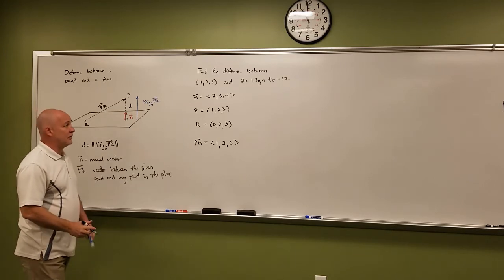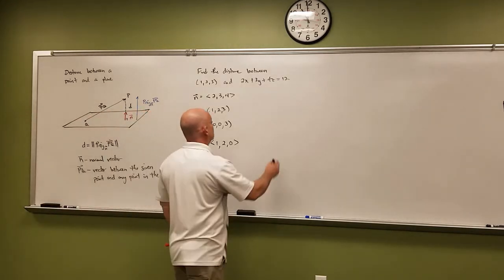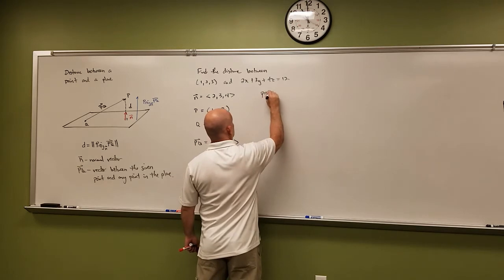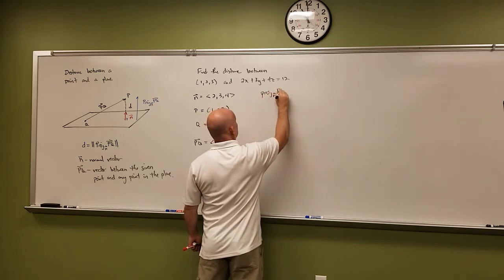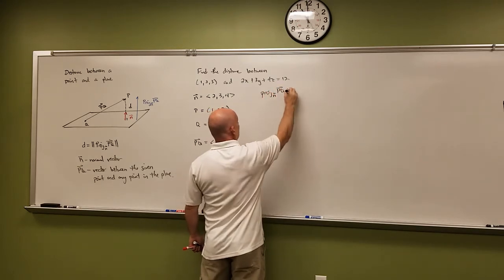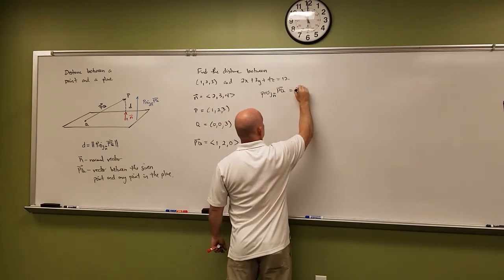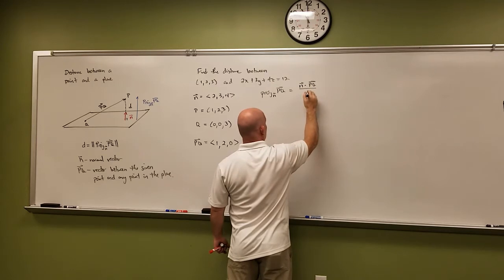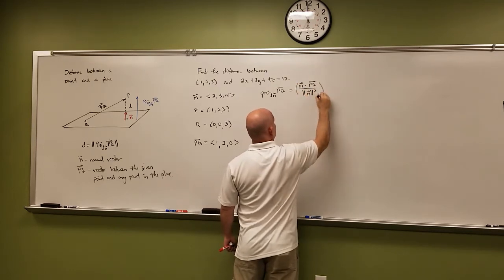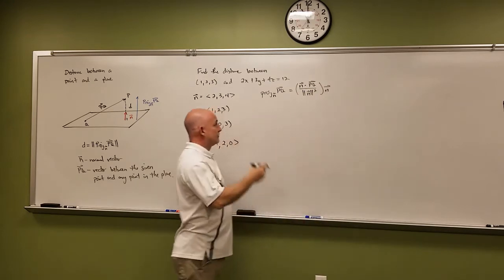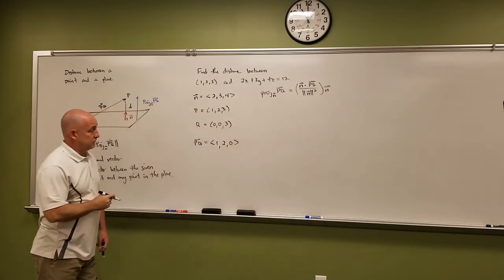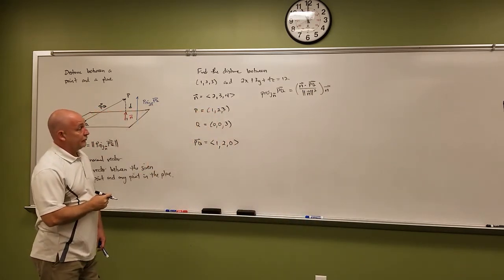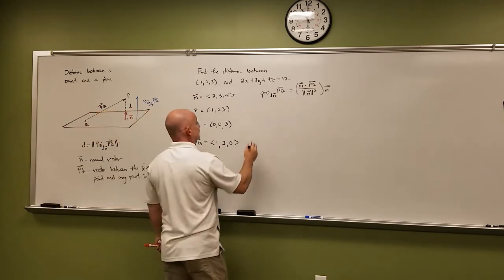Now we just need to find the projection of PQ onto N, which by definition is going to be N dot PQ all over the magnitude of N squared times N. Okay, so we need the dot product.